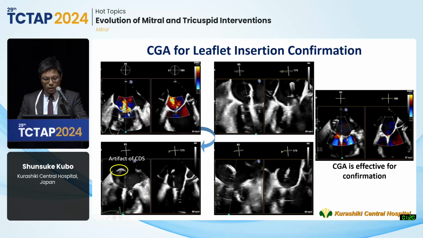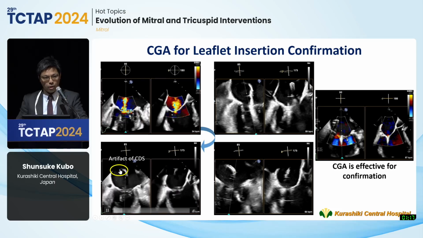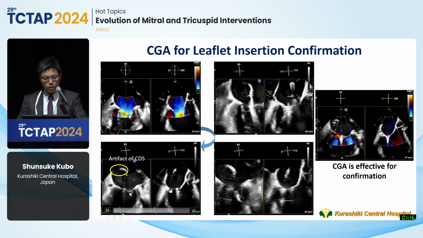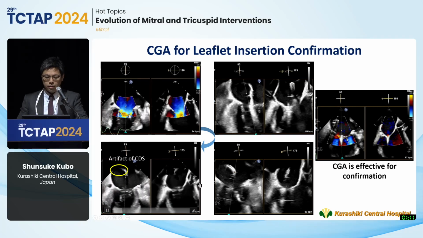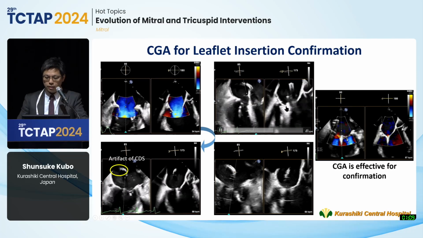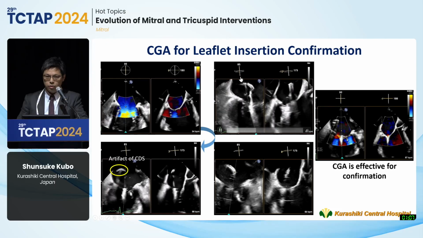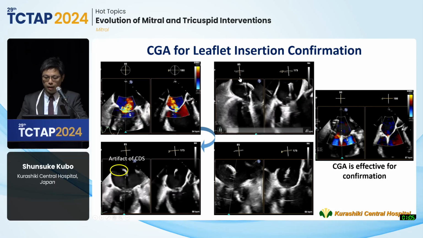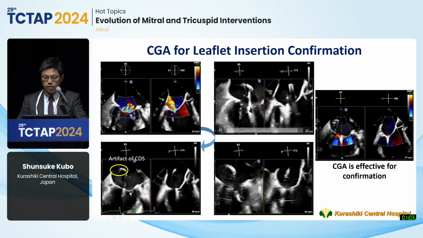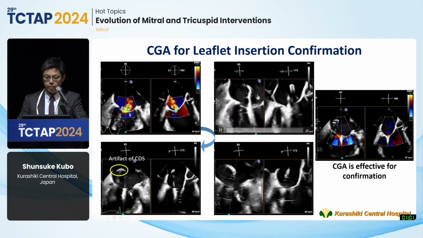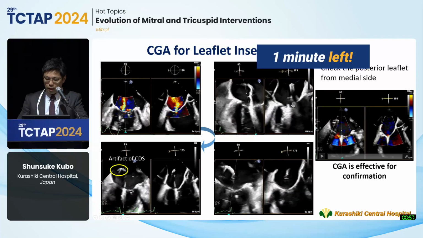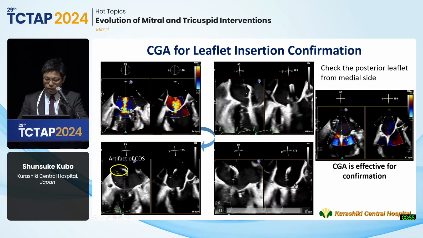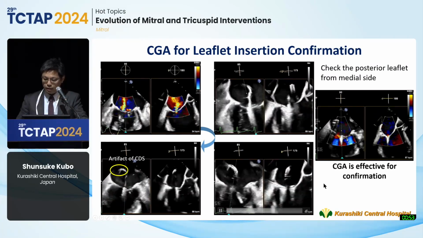In this case, due to the arch of the shaft, we cannot see the posterior leaflet well. So we check the posterior leaflet from the medial side in the X-plane beam, and after that, we check the anterior side from the lateral side.